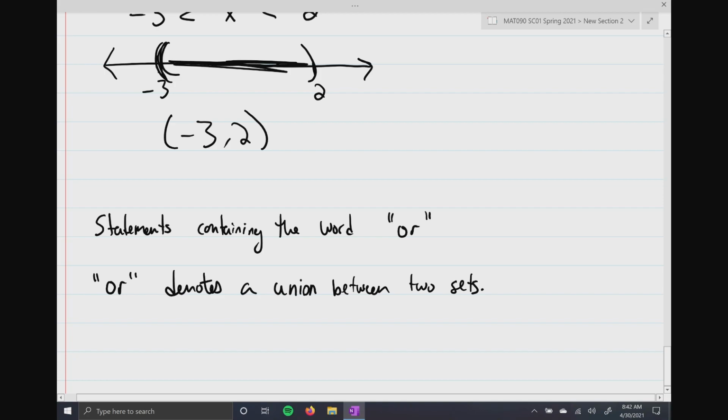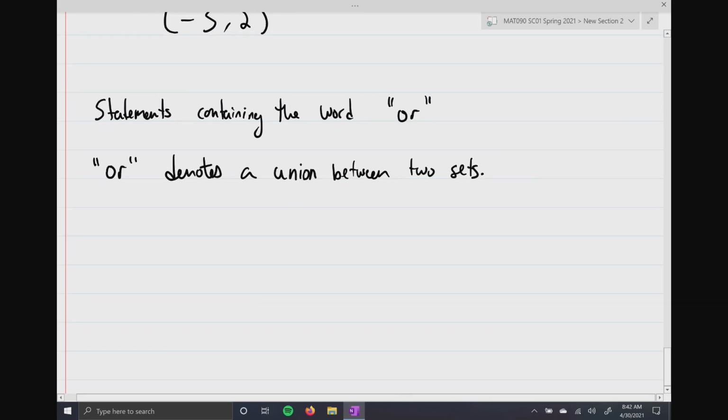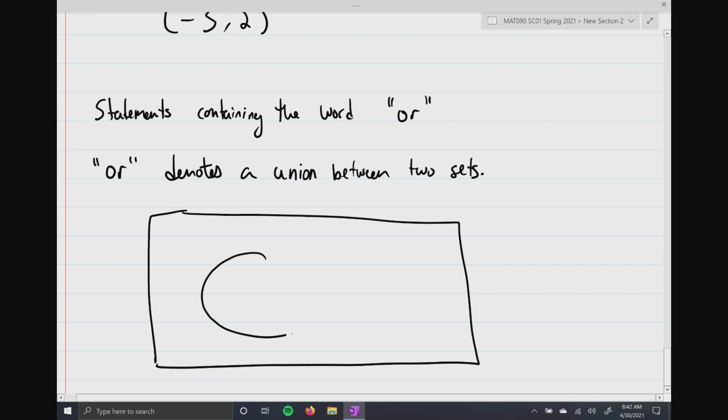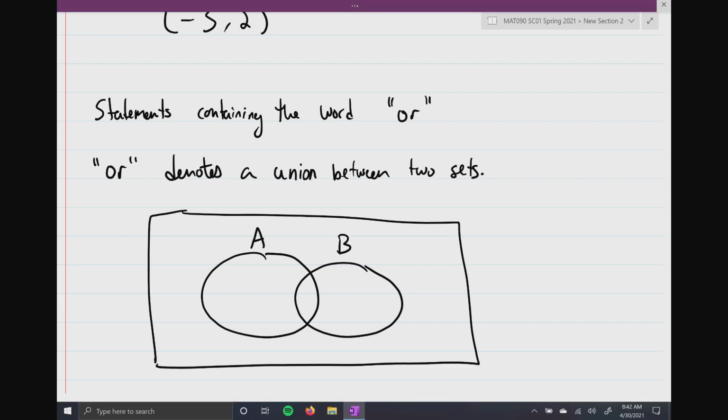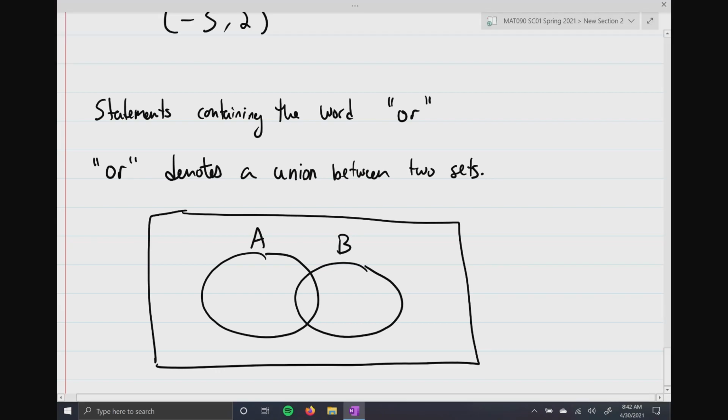All right? So visually, if I use a Venn diagram, just like I did previously, I have sets A and B. Excuse me. And the union is going to be basically everything.